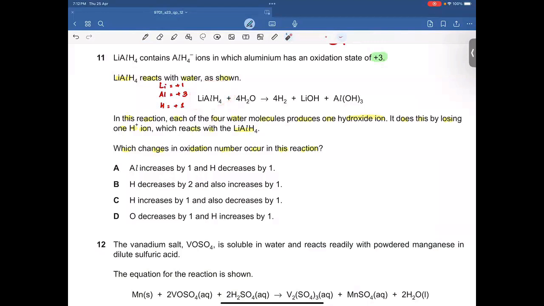Let me calculate the oxidation state of hydrogen in this complex. Hydrogen is 4x. Lithium belongs to group 1, so it has +1 charge. Aluminum has a charge of +3 because it is found in group 13 of the periodic table, equals 0. Then x equals -1. Okay, so the oxidation state of hydrogen is basically -1 in this scenario.